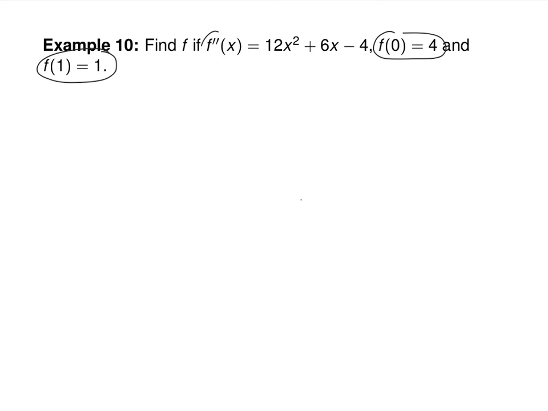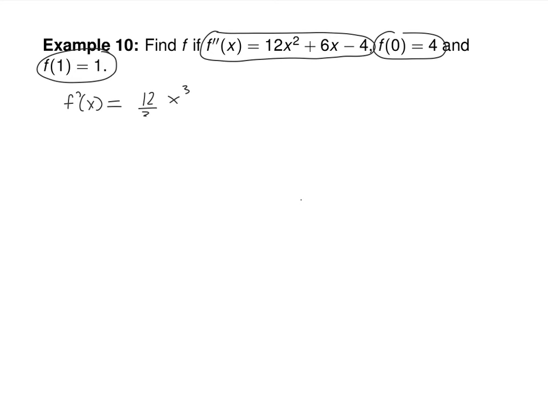Okay, so since we're given this thing as f prime prime, on our first antidifferentiation step, it is now f single prime. So 12x to the, what becomes the new power?